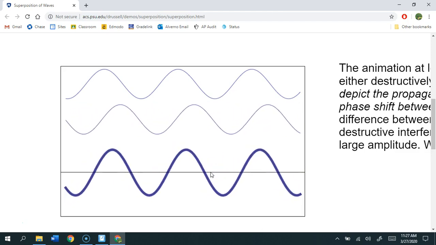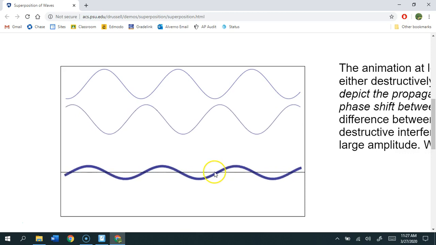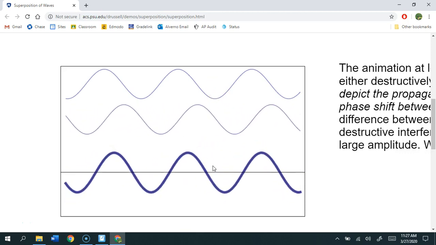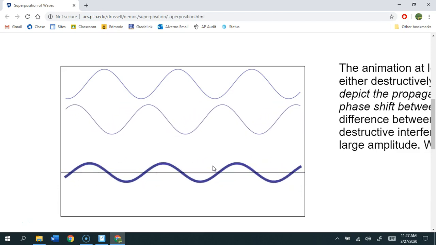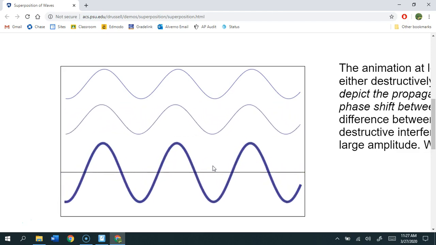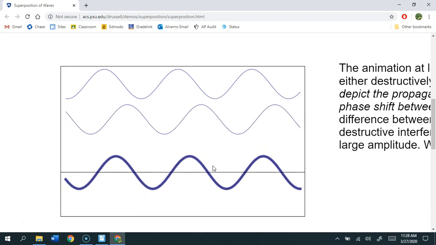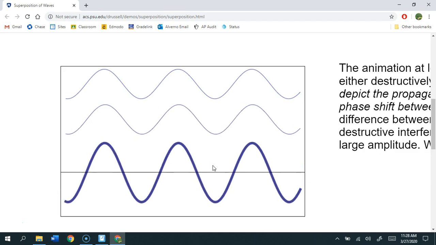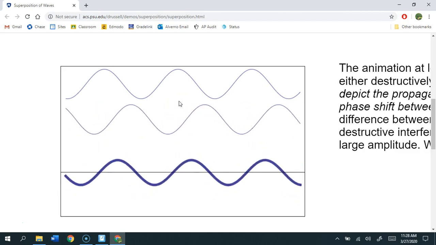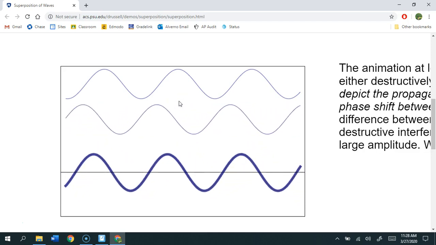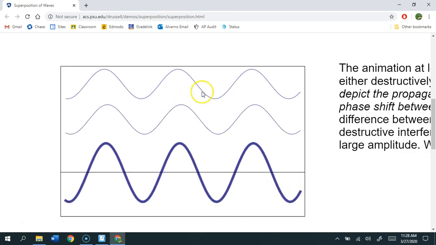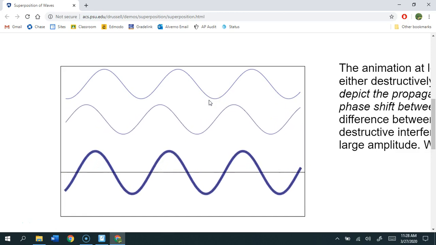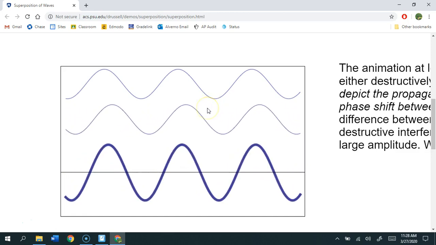The graph is a 0 right here, right? So as soon as that happens, you notice this very interesting phenomenon. That is called destructive interference, where one wave crossing another wave destroys the energy of the other wave, right? So the crest of one wave destroyed the trough of the other wave, and they became destructive in that you had to subtract, and you got a 0 in the end.